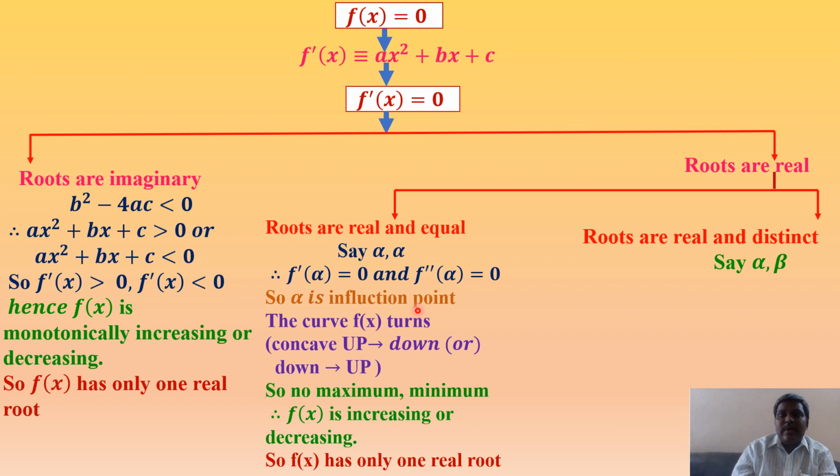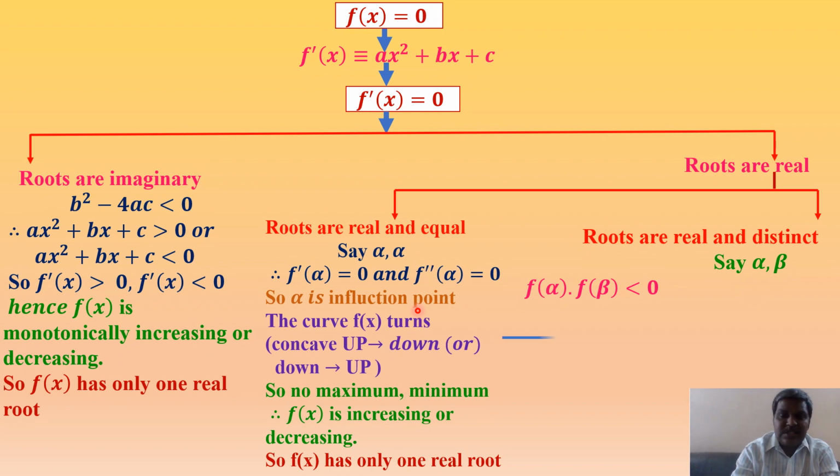So at alpha you may have a local maximum or local minimum. At beta you may have a local maximum or a local minimum. Understand? Suppose f of alpha into f of beta is less than 0, then we have three real and distinct normals to your function f of x equal to 0. You can draw three real normals to the parabola.